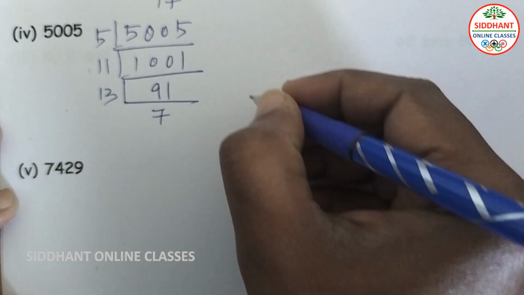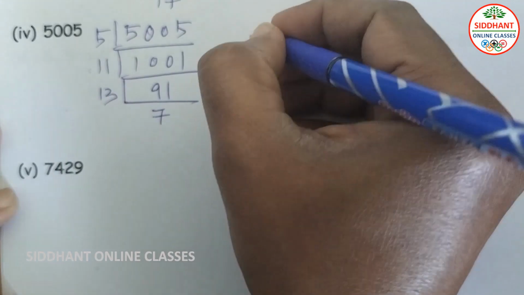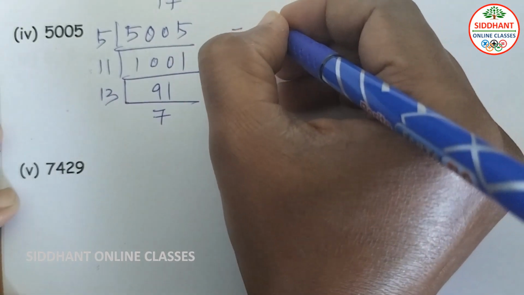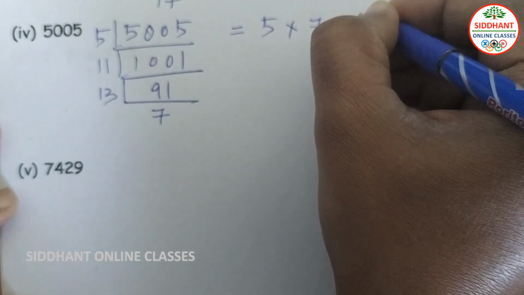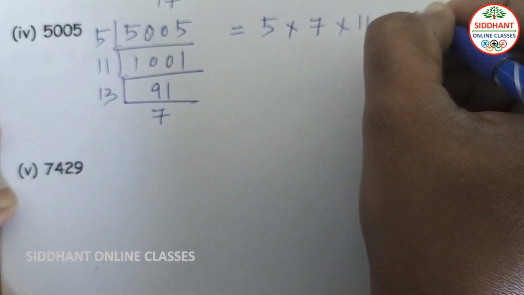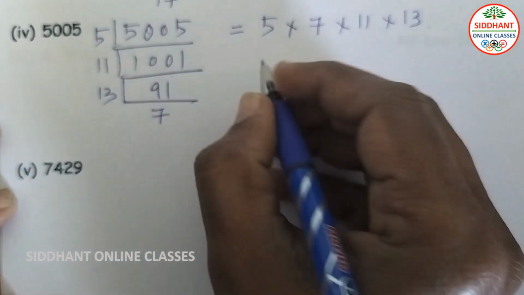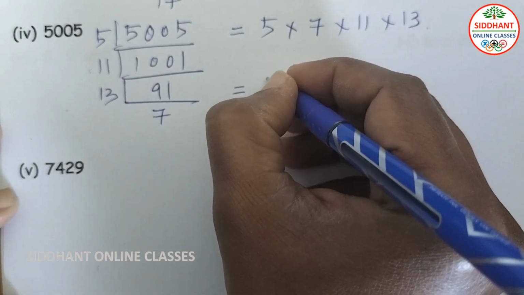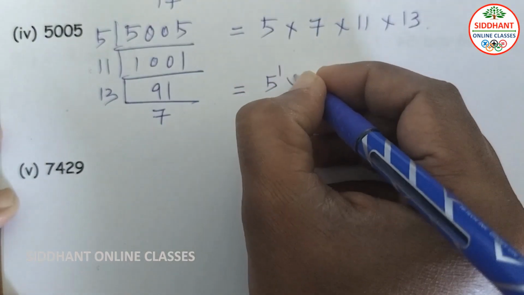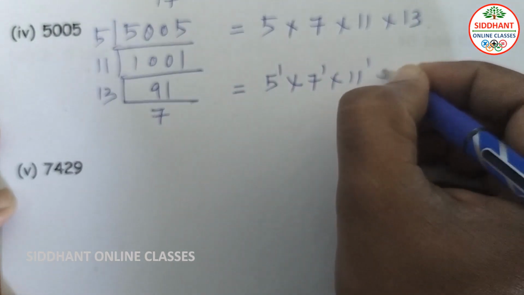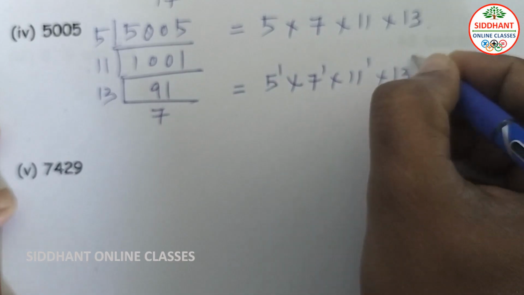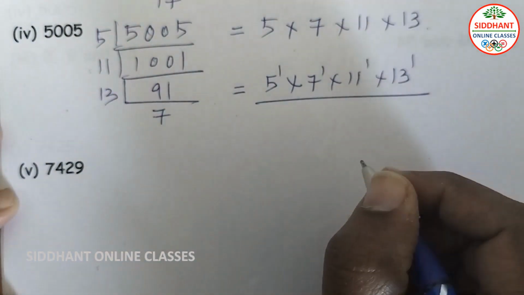So the factors are 5 into 7 into 11 into 13. With powers, 5 to the power of 1 into 7 to the power of 1 into 11 to the power of 1 into 13 to the power of 1.